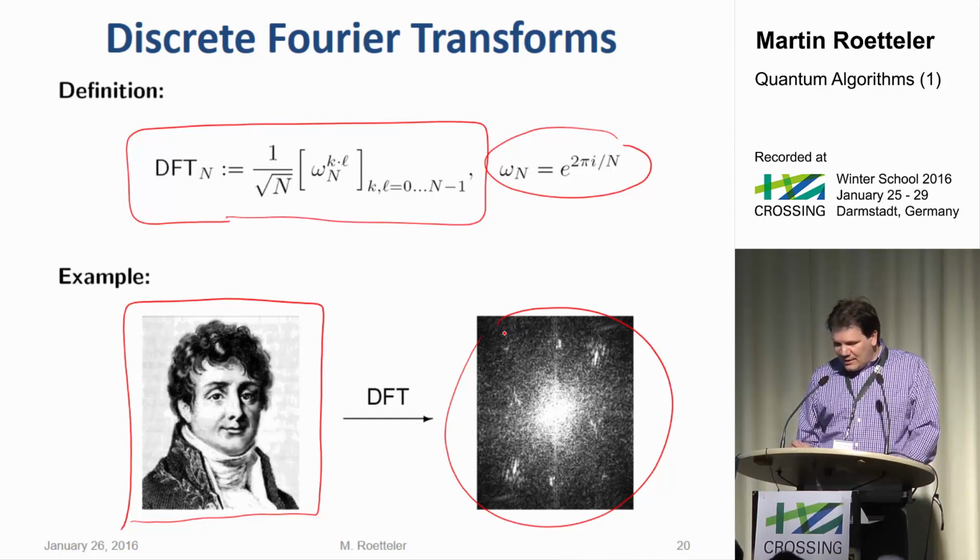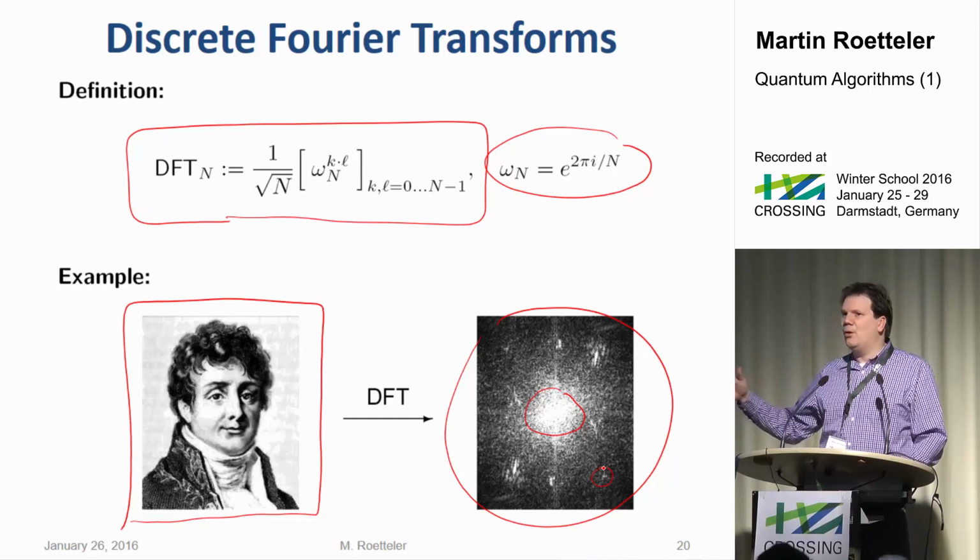And then typically what you see is that if it's a real-world image, then that will be concentrated somewhere in the low frequencies. It's very untypical that you would get a lot of high-frequency components in the Fourier transform, right? Whereas if you take a random function, of course, and you take a Fourier transform, it will be all over the place. But if the function is smooth and slowly varying, then it would typically be concentrated in the low frequencies.